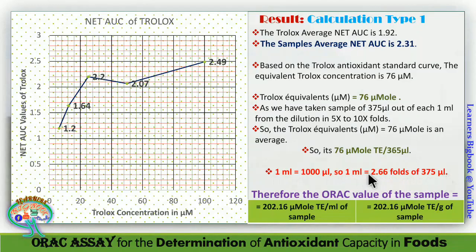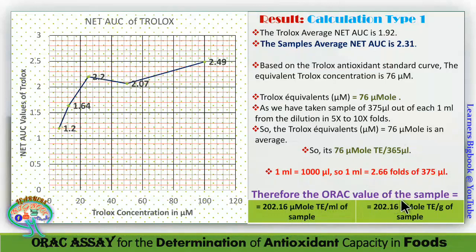So you have to multiply the 76 micromoles by 2.76. When you multiply, you get the value of 2.216 micromole Trolox equivalent per ml of sample.